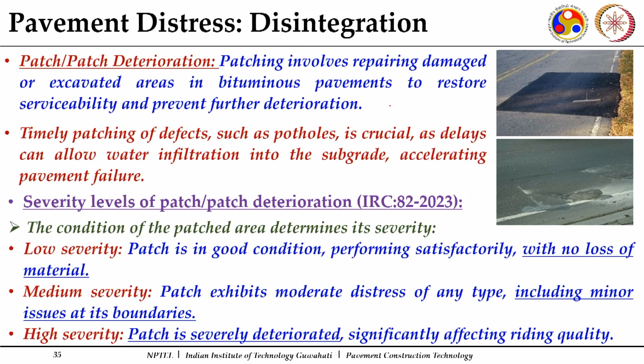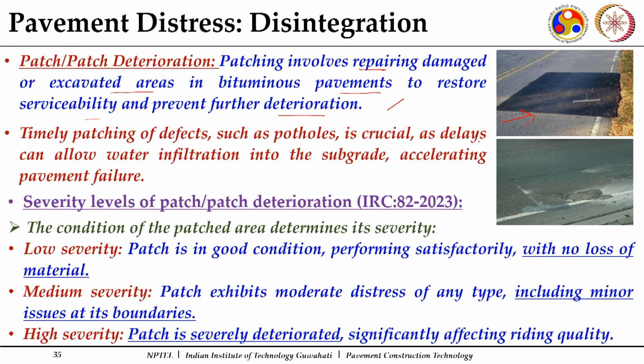Now the patch deterioration. Many a times you have seen some patches are made to repair localized distresses, but then these patches also get deteriorated with time. So they are also a kind of distress in the existing pavement surface. Patching involves repairing damaged or excavated areas in bituminous pavement to restore serviceability and prevent further deterioration.